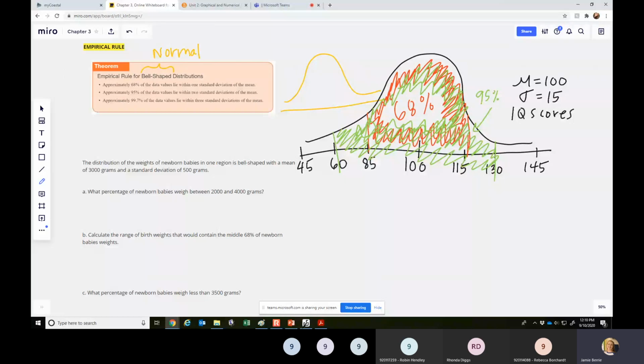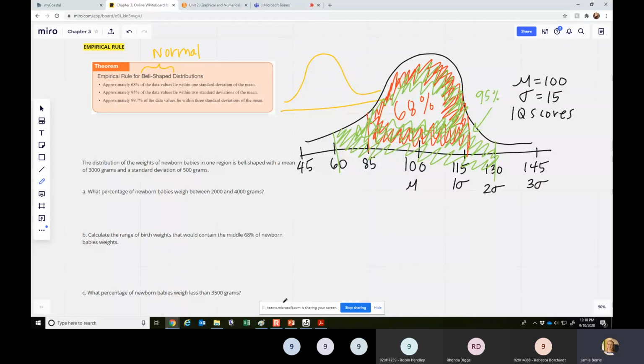And I just wanted to show you also, if we were labeling this with our symbols, the mean is in the middle, so that's mu, and then this would be 1 standard deviation, so 1 times sigma, and then 2 standard deviations, so 2 times sigma. 3 standard deviations would be 3 times sigma.